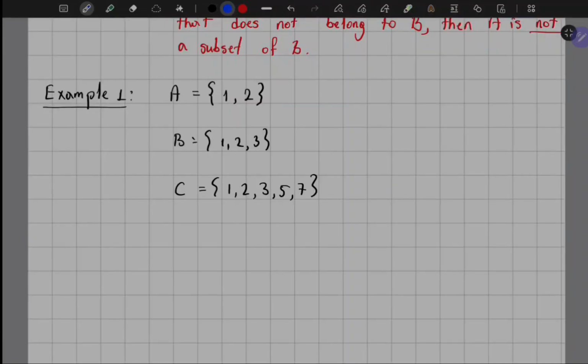Since every element of A belongs to both B and C, we can see that elements of A, which are 1 and 2, both belong to set B and set C. Since every element of A belongs to both B and C, we obtain that A is a subset of B and A is a subset of C.